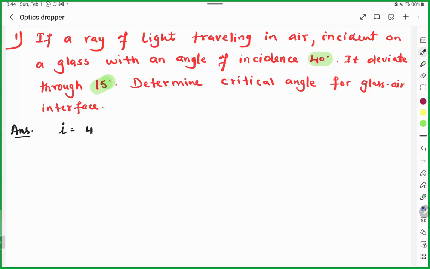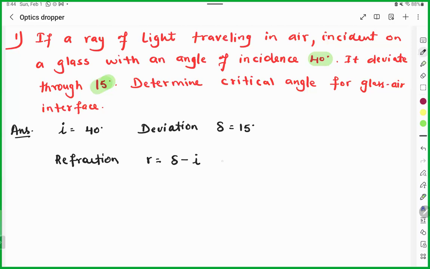Angle of incidence in this case is 40, and you know deviation, which is delta, is 15. Correct? If you have to calculate the refraction, then refraction will be equal to deviation minus angle of incident.